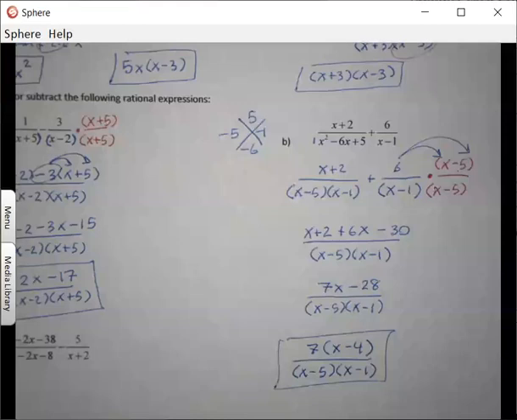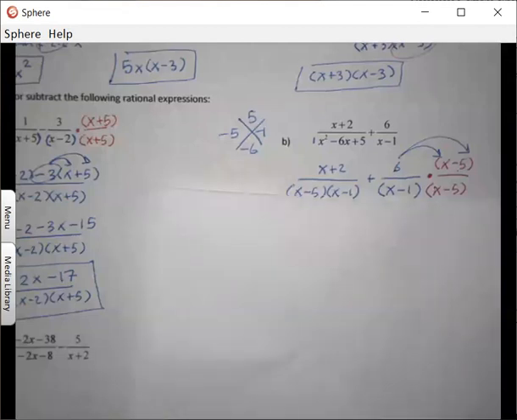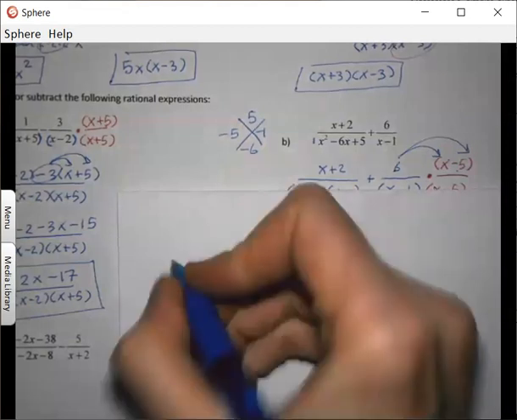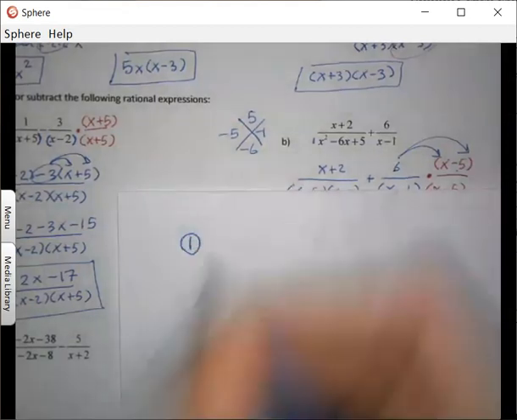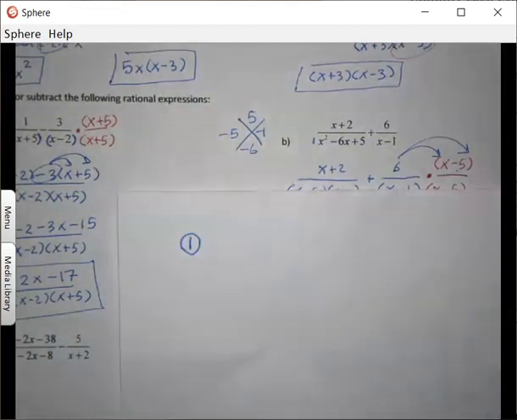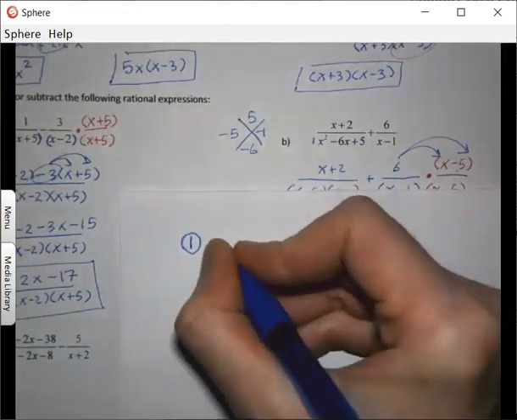Now, as I've been doing this, I've kind of been following a list of steps I have in my head. So let me write that out. So when we're dealing with adding and subtracting rational expressions, the first thing you want to do is to make sure you have factored just the denominators.